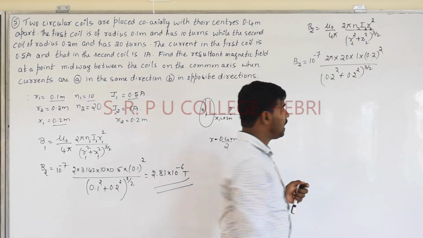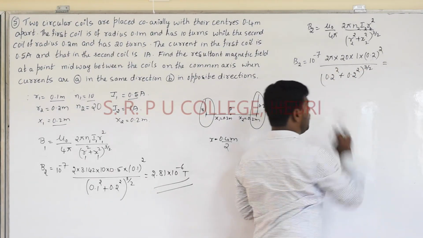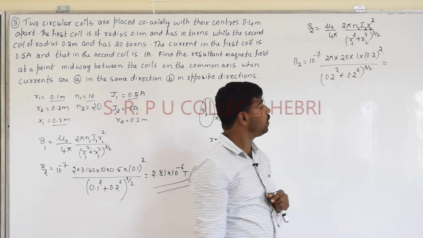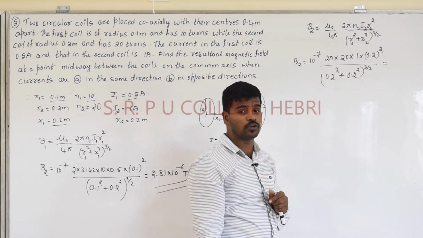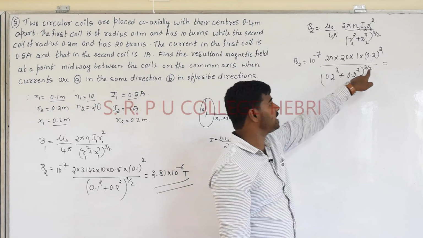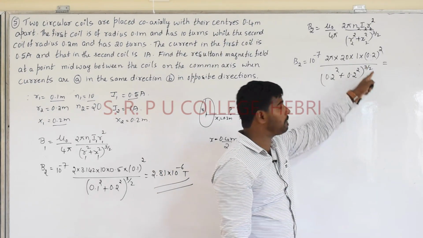Is it clear? That implies, again the calculation: 0.2 whole square 0.04, 0.2 whole square 0.04, therefore that will be 0.08. Then you have to take the square root, and that value is multiplied by 3 times.